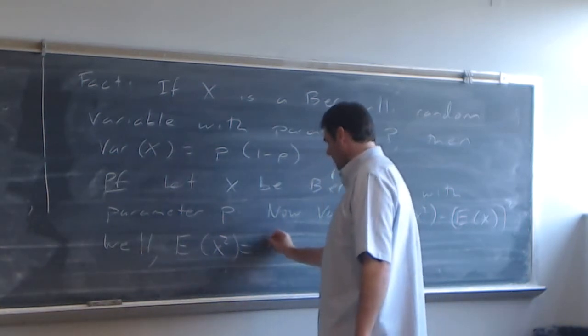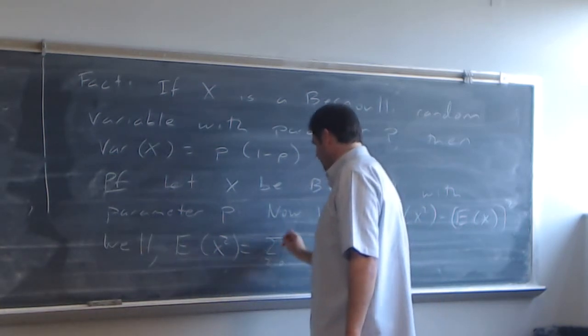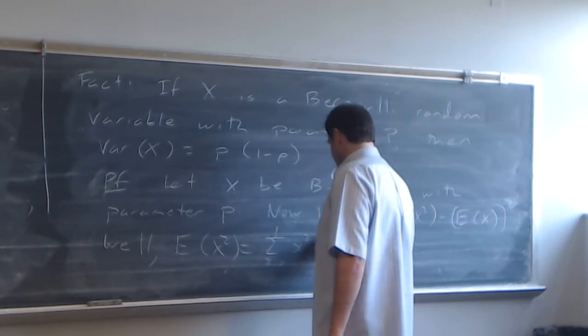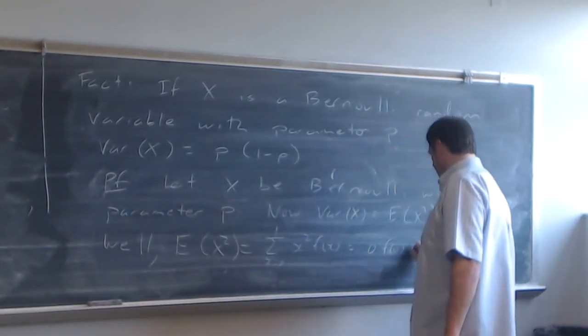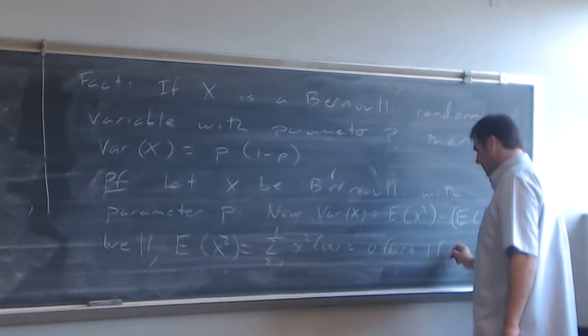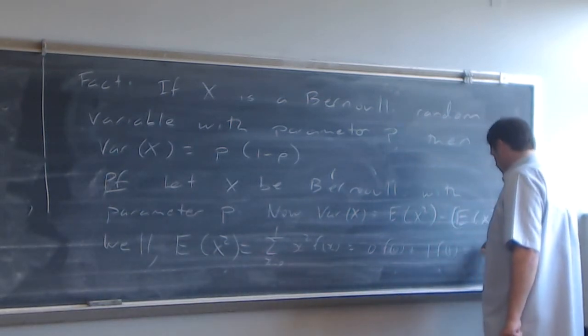That will be the sum over all the x values, that's 0 and 1, of x squared times f of x. So that would be 0 times f of 0 plus 1 times f of 1, which is just p.